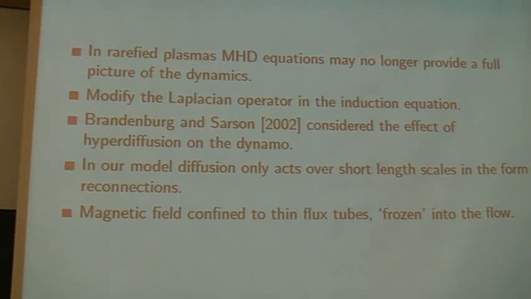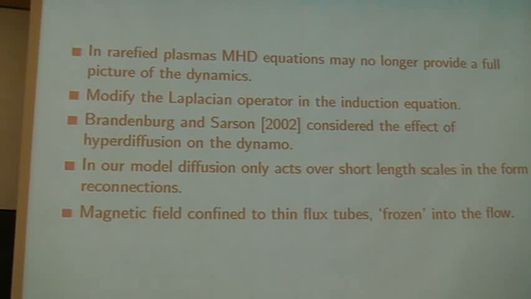We're going to consider rarefied plasma, where the MHD equations that have been covered in this last week and a half may not be valid and plasma effects start to become important. There's one paper here I make a reference to where Axel and Graham, who's at Newcastle, just changed the diffusion operator and considered hyperdiffusion.